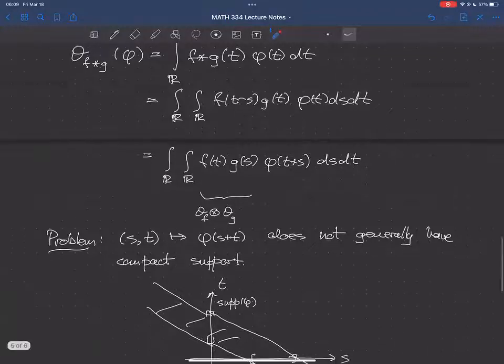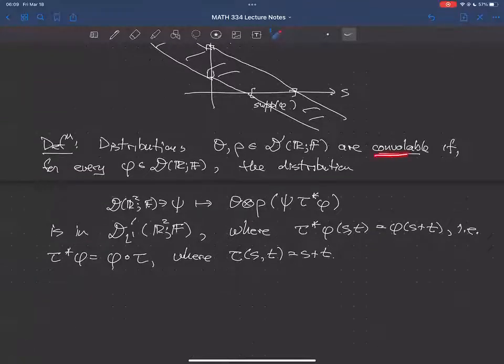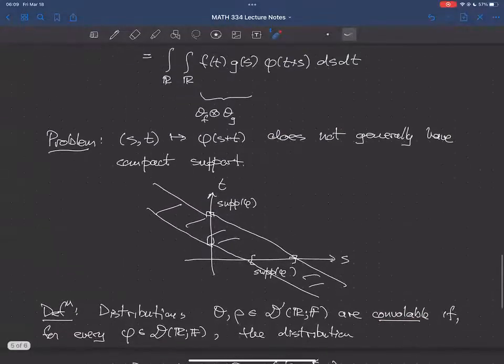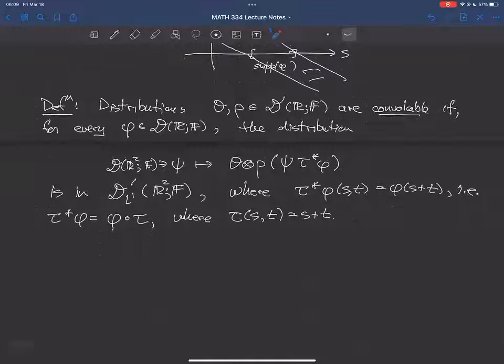One of the things you can prove is that the condition for convolvability of distributions exactly generalizes the condition for convolvability of functions. I'll say that carefully in a second. So that's what convolvable means.